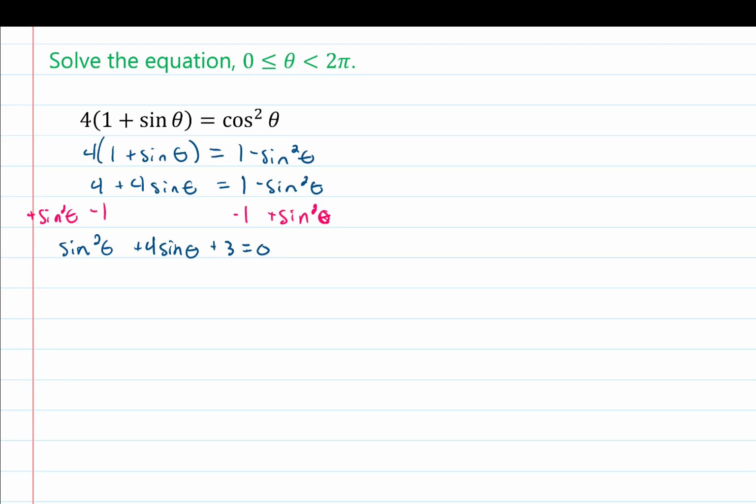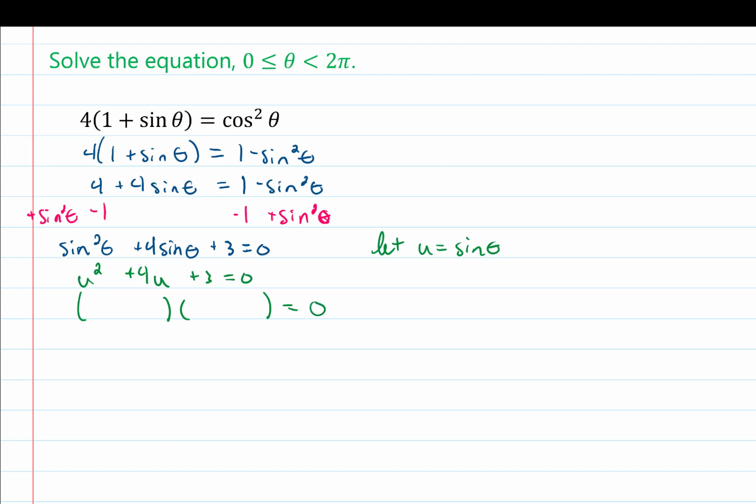Either one works. If you like to factor, but you're intimidated by factoring when it's in terms of sine, what you can do is let u equal sine of angle theta, and then replace sine of angle theta with the variable u. So what you get is u squared plus 4u plus 3 is equal to 0. And for some, this might be easier to factor.